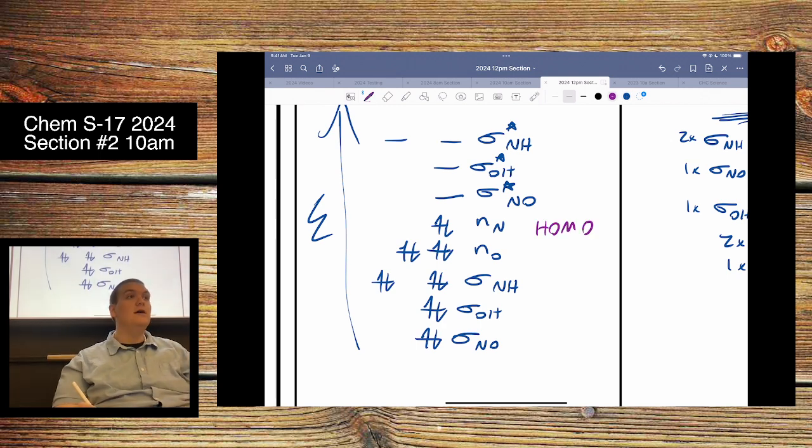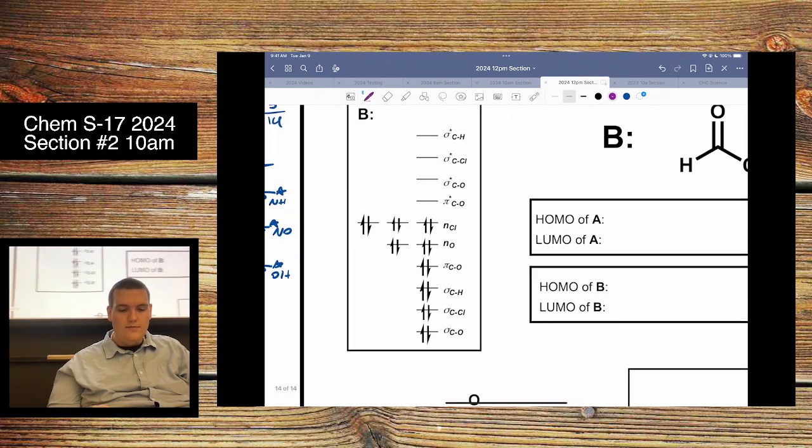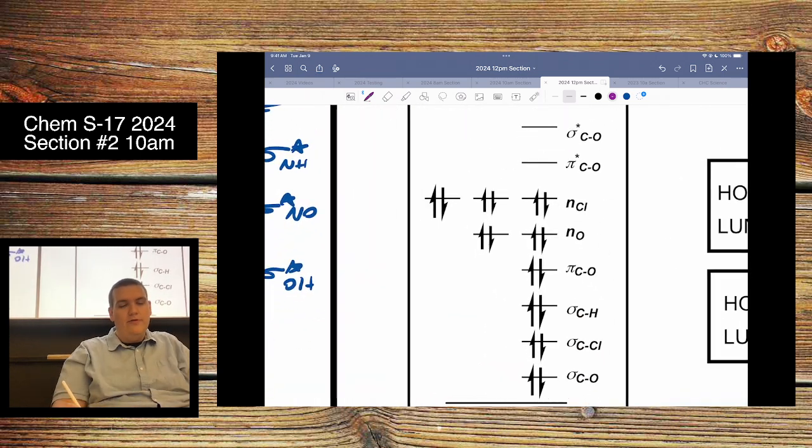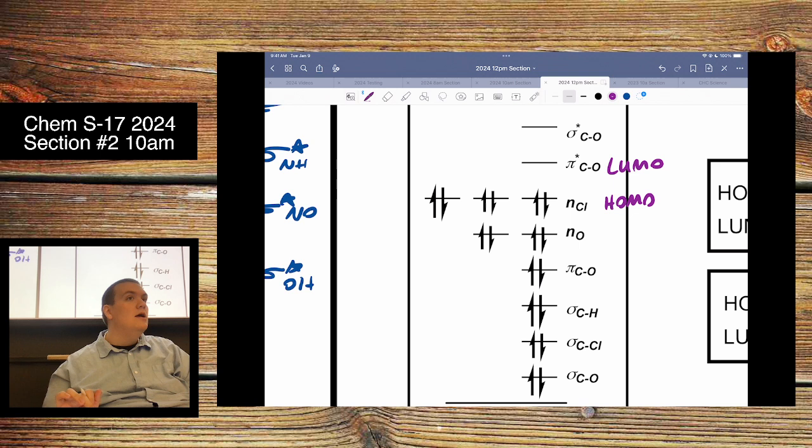And then the lowest unoccupied would be what? Yeah, your LUMO here. And then right next door, I have another MO diagram, and let's quickly label the HOMO and LUMO. What's the HOMO? And the LUMO? Yes. So when you have a full MO diagram, you are good to go with HOMO LUMO, and you can just see it there.